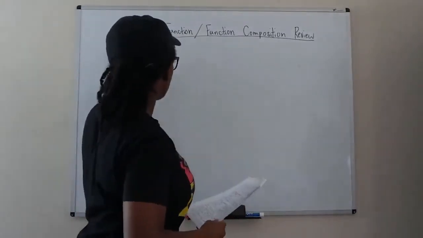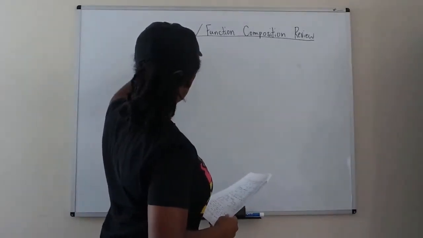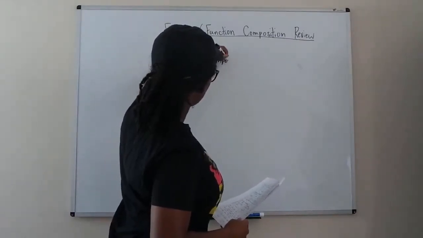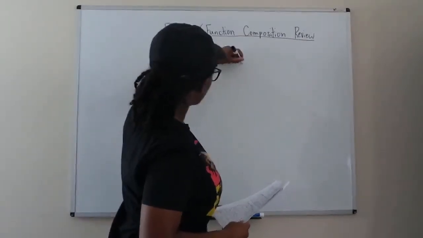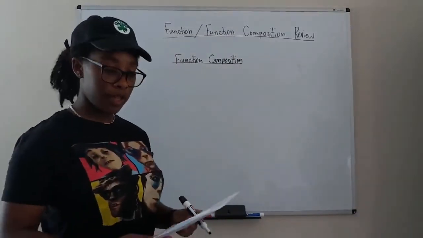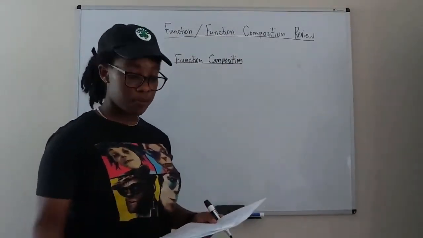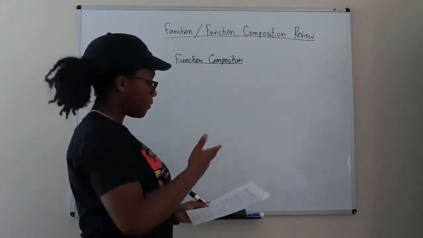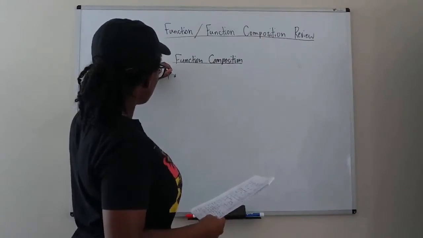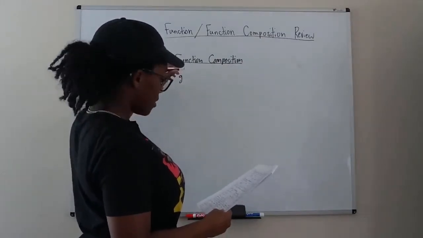So the next topic we're going to cover is function composition. And so sometimes a function is plugged into another function as its input. And so that's what we call function composition. So its notation is like this.